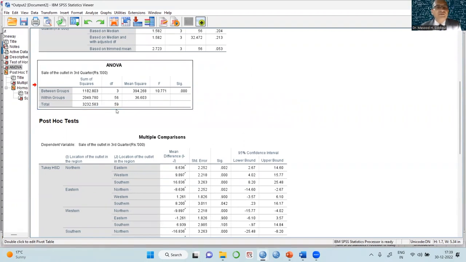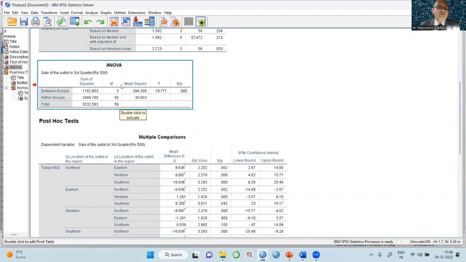So it has been divided into two parts. These are the degrees of freedom. Total number of observations are 60, so the degrees of freedom would be 60 minus 1. Why minus 1? Because we put the condition that double summation xij minus x double bar equals 0, meaning the sum of the deviation from mean would be 0. So that's why we will be having 59.